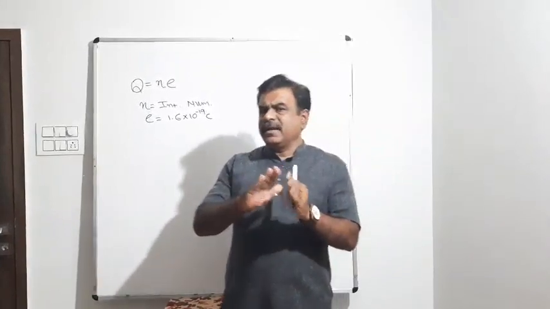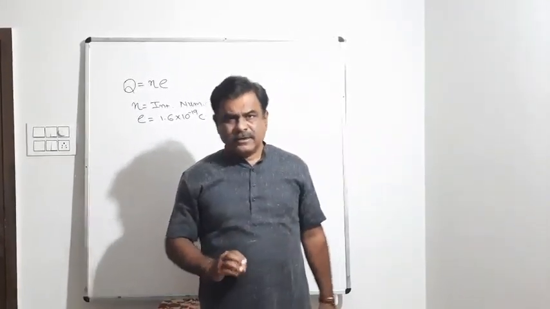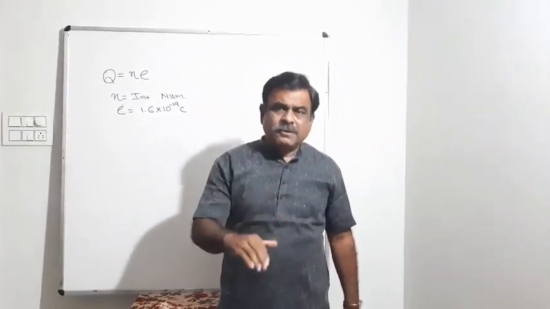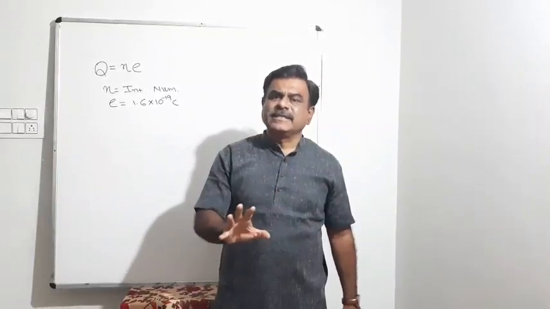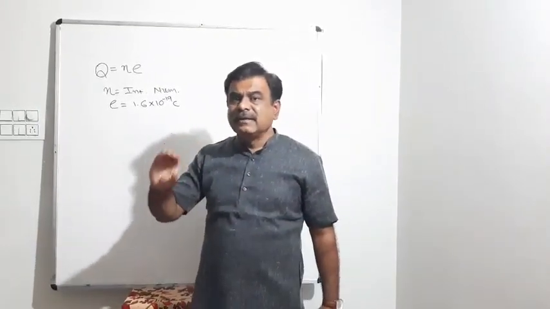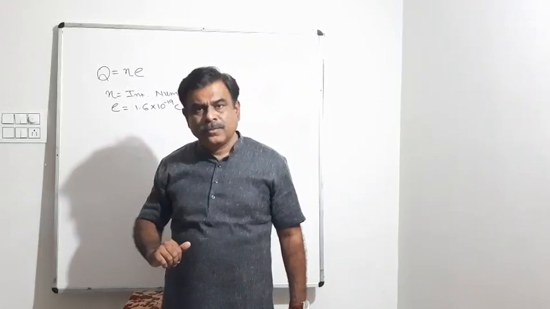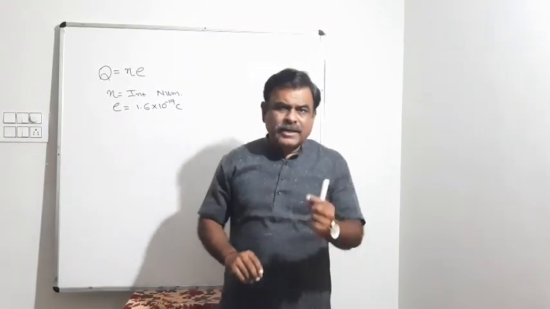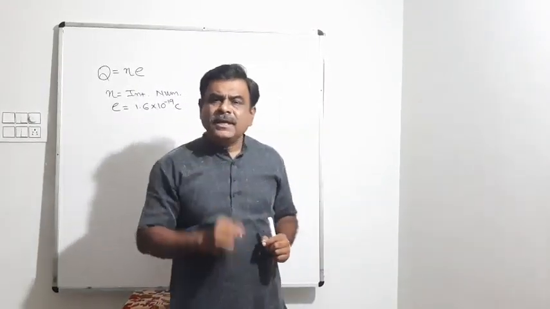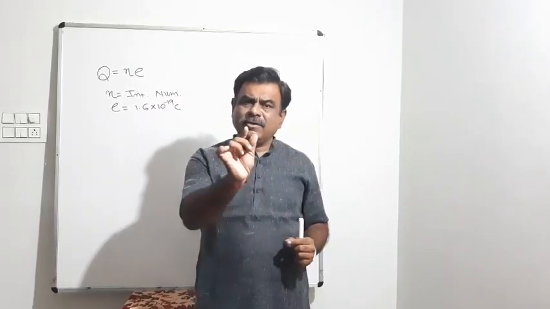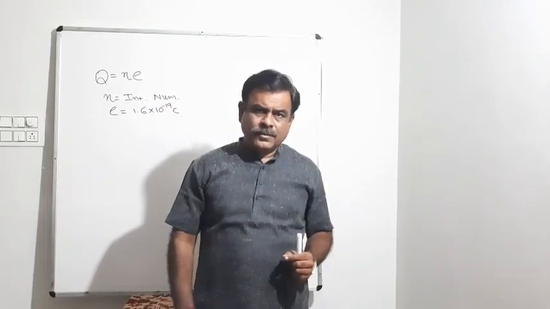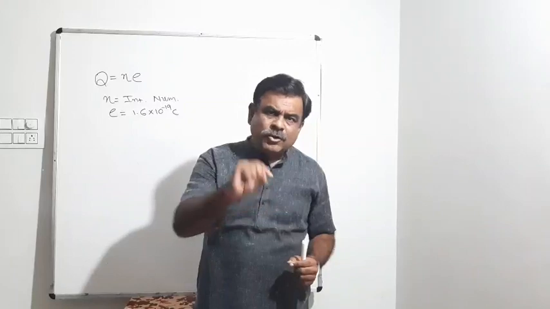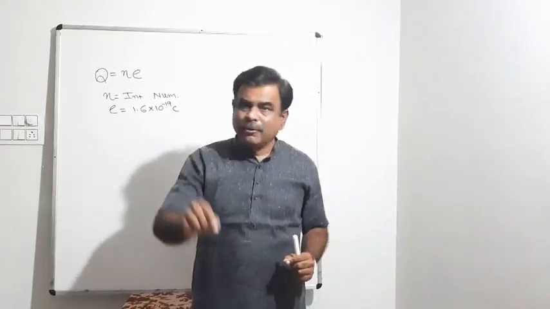And students, remember the general meaning of the word quantization. In physics, when something is quantized, it means it is an integer multiple of some basic value. I'll give a very simple example. You can keep money in your pocket with only 50 rupee notes. Then the rupees you have in your pocket will always be a multiple of 50.